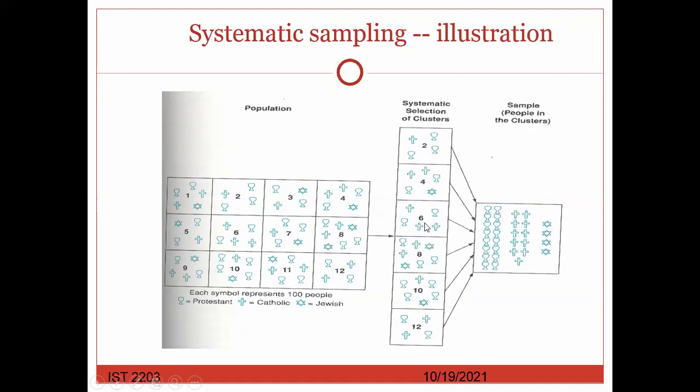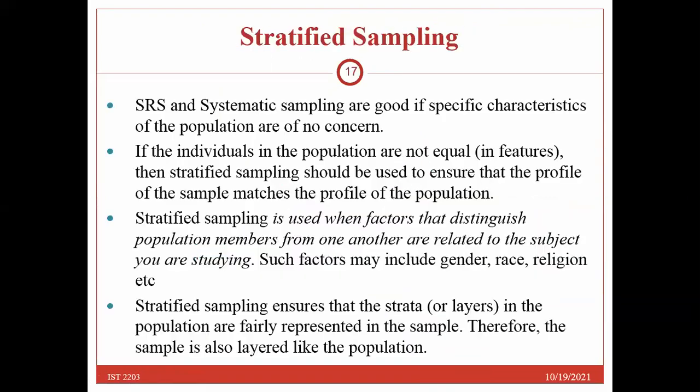You clustered them up. You chose the clusters systematically. So this is another way of doing systematic sampling, just that you had your big population and you divided it into clusters, and then you systematically selected the clusters so that you have your entire sample. Then we have stratified sampling.